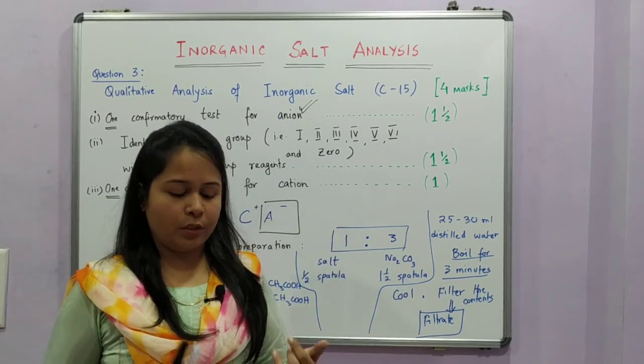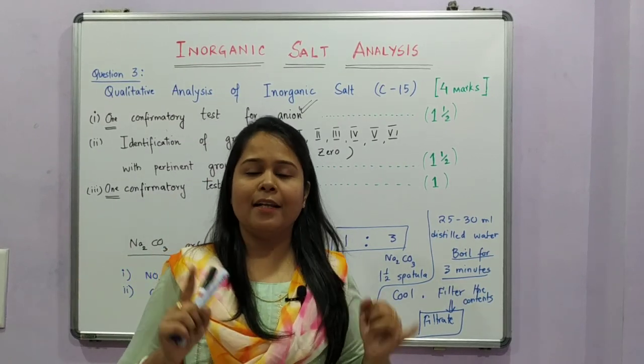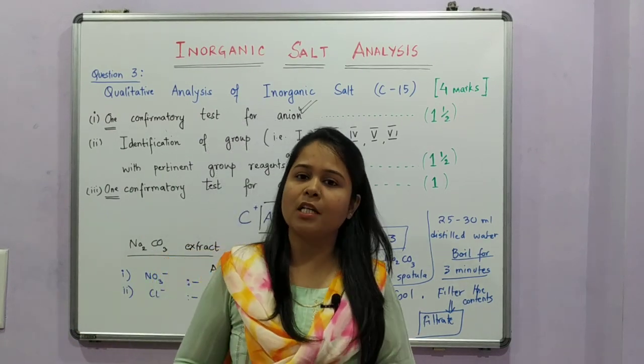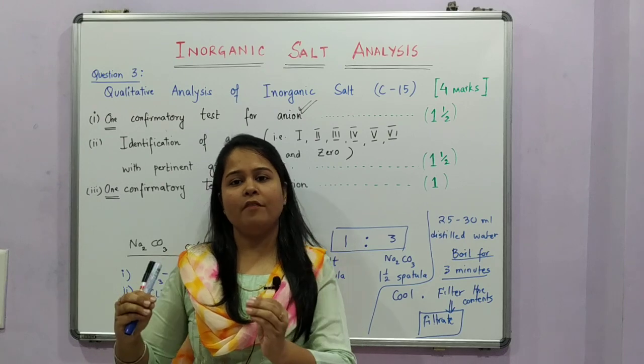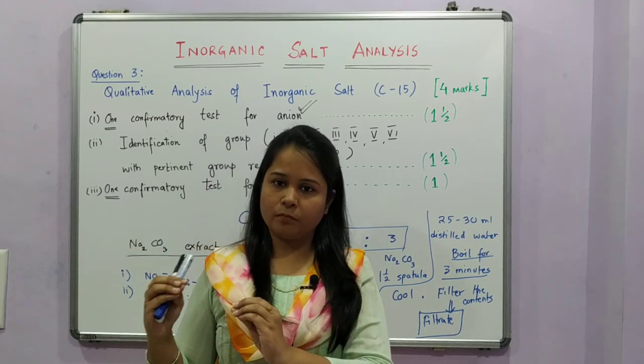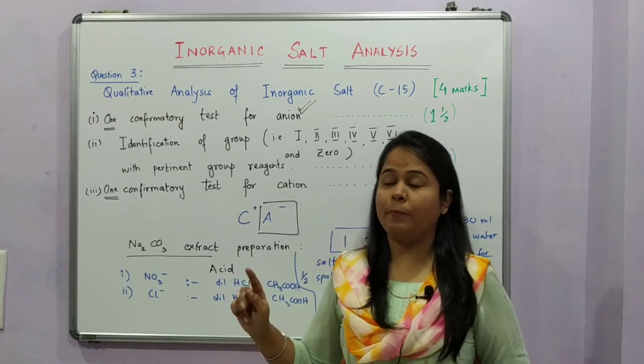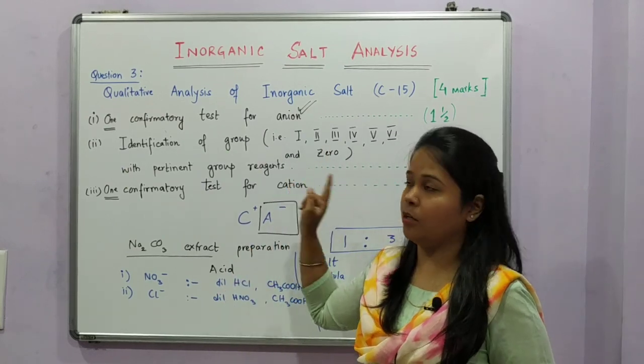As I have told you, the council has instructed that it would be a water soluble salt. So my answer would be: the original solution is prepared by dissolving it in distilled water.